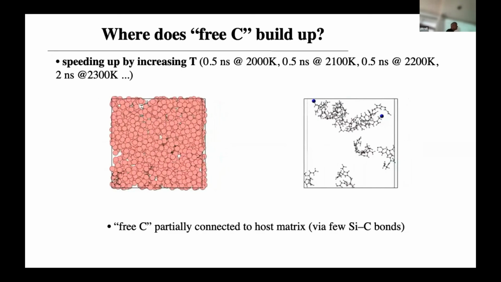And you basically see that some of this so-called free carbon does not have a silicon attached to it, and you can start to speculate whether this segregation of the carbon is more a gas phase decomposition initially, or is it already starting to percolate in the structure as a larger unit and then forming together? I leave this to further times when we have done more simulations on this.